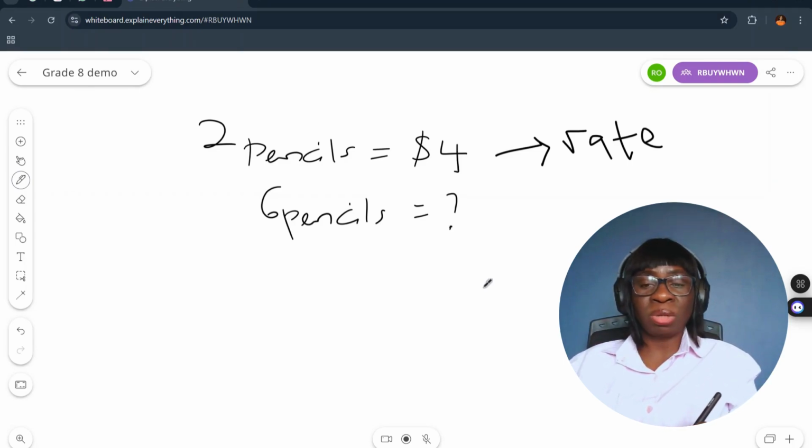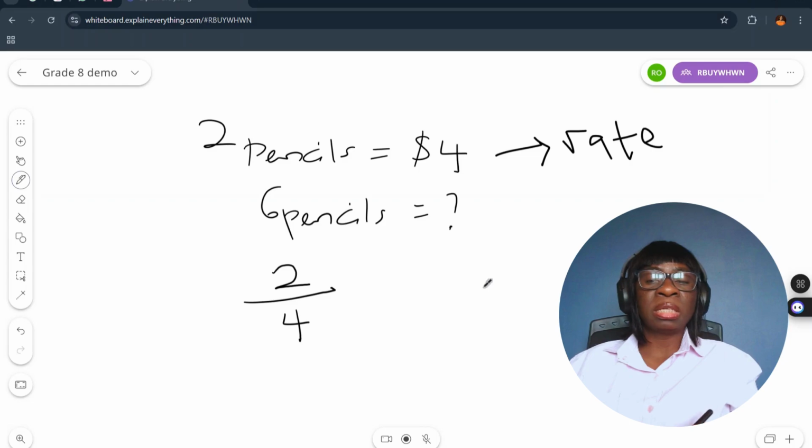To find the cost of those pencils, we will have the number of pencils over how much it costs. Don't forget that we said ratio and rate, we write them in division form. So the ratio here is 2:4, or we can say 2/4. For the second one, we will have 6/x. We want to find the price x.